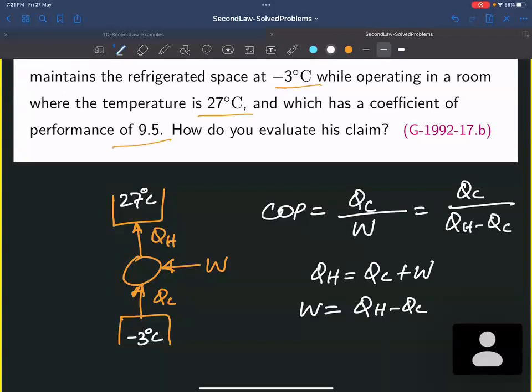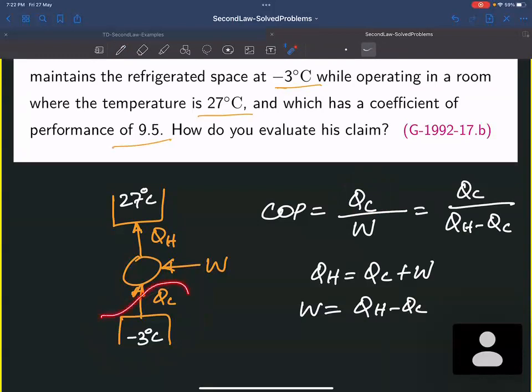There is no need to struggle to derive formulas. Always we start from the fundamentals. The coefficient of performance or efficiency or anything is the useful output by the input supplied. In refrigeration, the useful output is the cooling produced, QC.